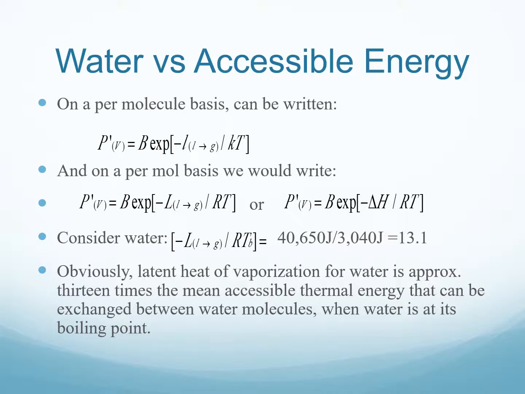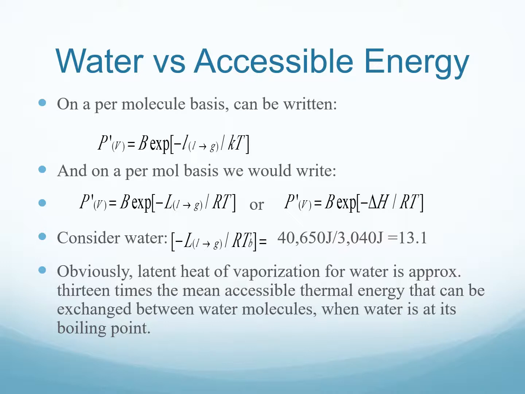We can equally write it on a per mole basis, as is done in the 2 equations below. Negative L is now the molar latent heat, and the one on the right is molar enthalpy, and they're both divided by the ideal gas constant times temperature.